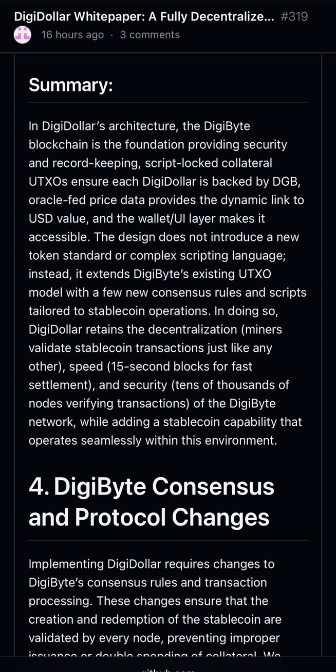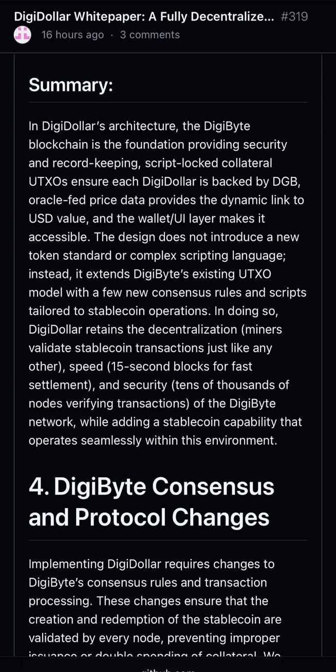Script-locked collateral UTXOs ensure each DigiDollar is backed by DGB. Oracle-fed price data provides the dynamic link to USD value, and the wallet UI layer makes it accessible. The design does not introduce a new token standard or complex scripting language. Instead, it extends DigiByte's existing UTXO model with a few new consensus rules and scripts tailored to stablecoin operations.